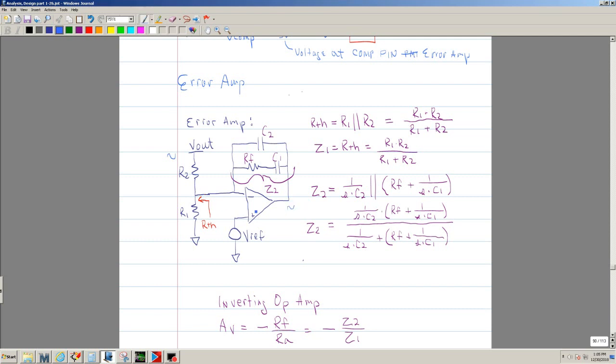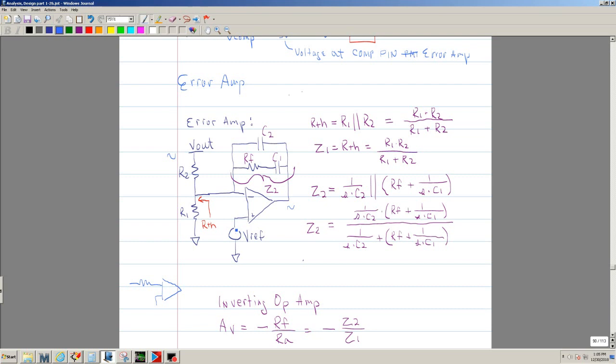So the transfer function, and if you want to take a look, if you do the Thevenin of this, the Thevenin is R1 and R2 in parallel. So basically you have this here. Okay. And now this is your voltage reference.